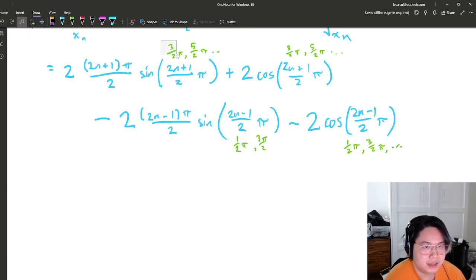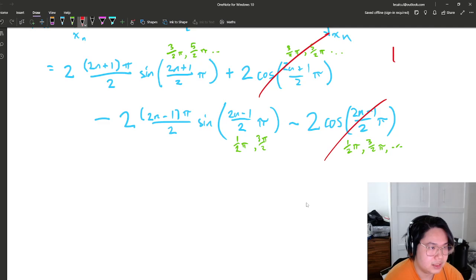So if n is 1, this is 3/2. This one is 1/2. If n is 2, then that's 5/2, and then these ones are 3/2. Okay, this is kind of nice. These are going to be 0 because cosine is 0 at odd halves of pi, so like here and here.